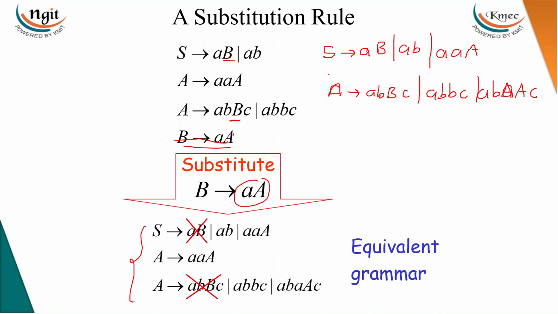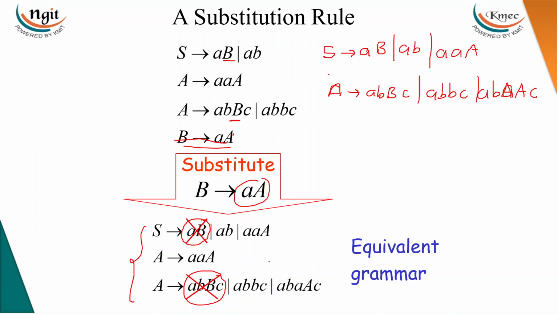So once we have done this, these two B productions are useless, because all the B productions have been substituted. Once you have substituted, you can remove the old B non-terminal productions. Now we can treat these as useless symbols, useless productions, that we can remove. So this is the equivalent grammar.